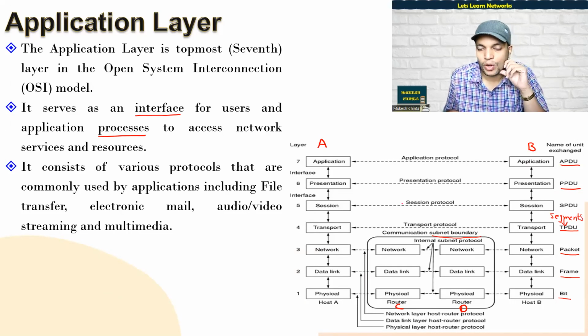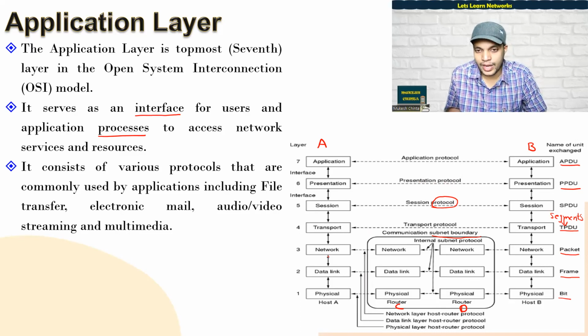If you see some dotted lines here, these are called protocols. Protocols govern the communication between peer layers. So the presentation layer on A communicates with the presentation layer on B using a presentation protocol.